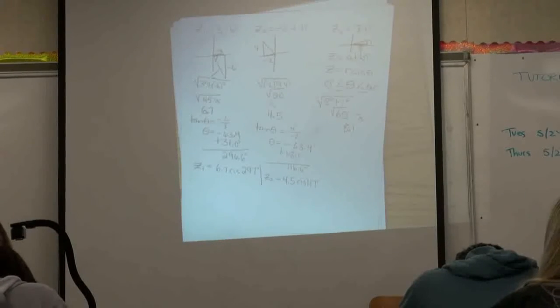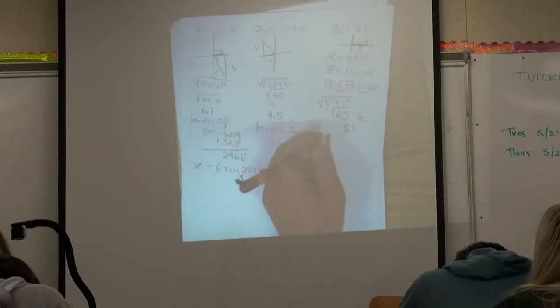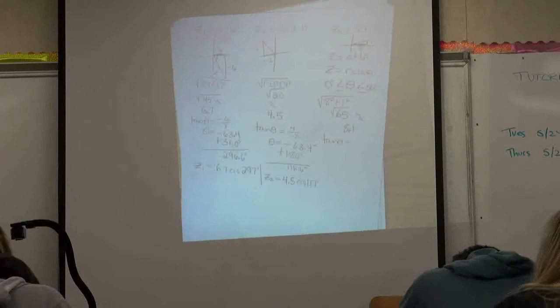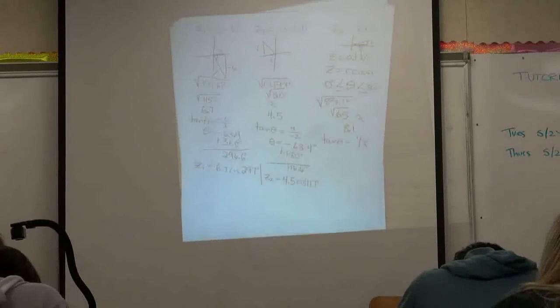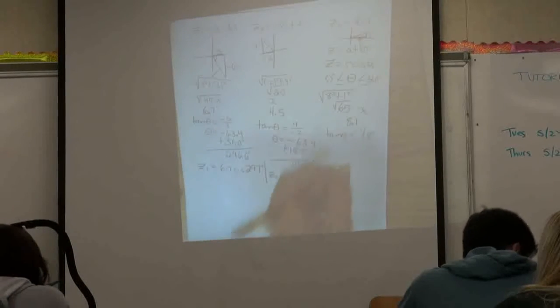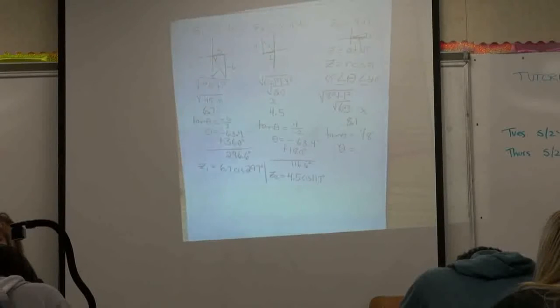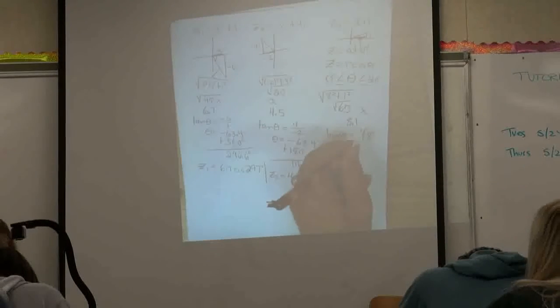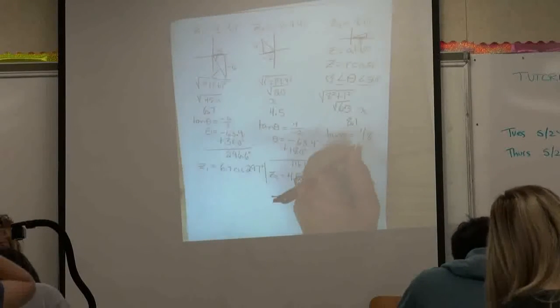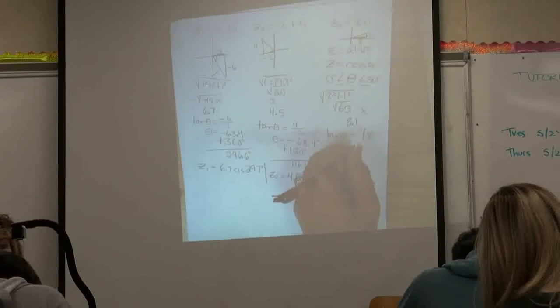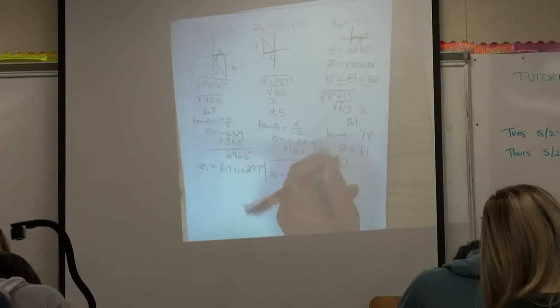And then once again you use tangent, and you're doing inverse tan of 1/8, and your calculator tells you it's 7, but that's not right. 7.125.